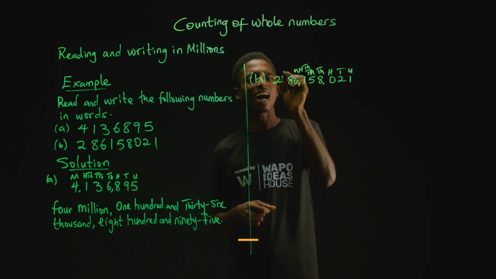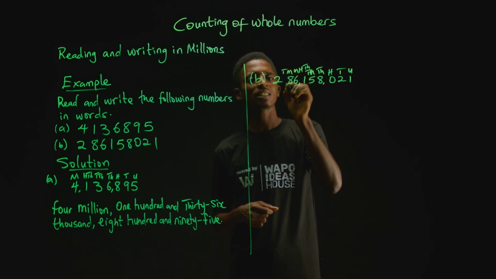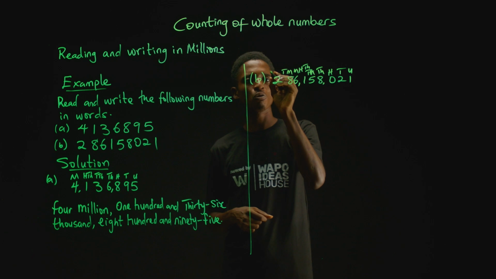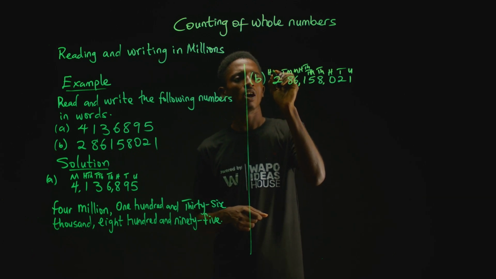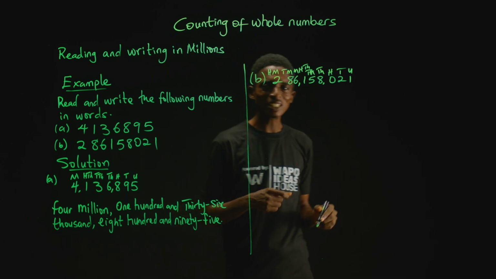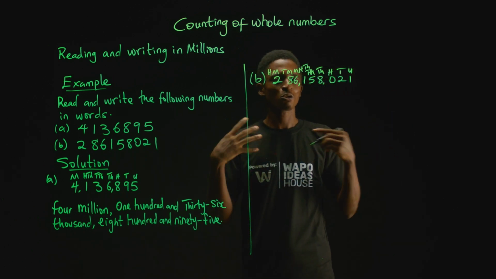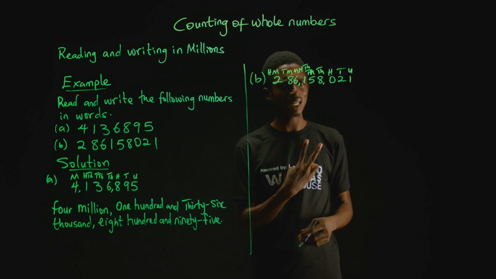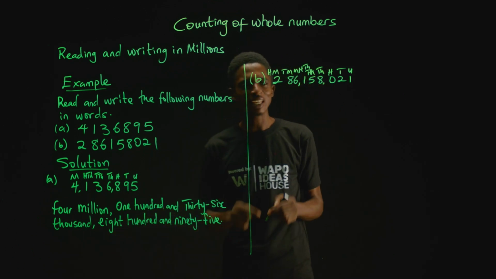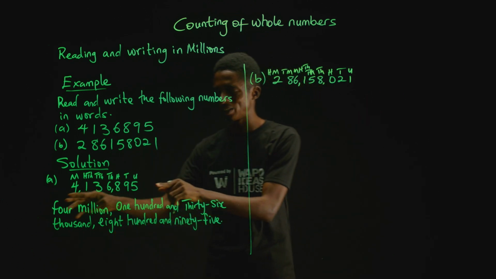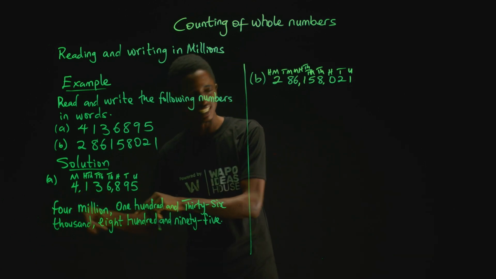The 8 has tens of millions. And then the 2 has hundreds of million. So now we know we are dealing with a number that is in excess of 200 million. So like we did, we begin to read them out just as we did in the first example.